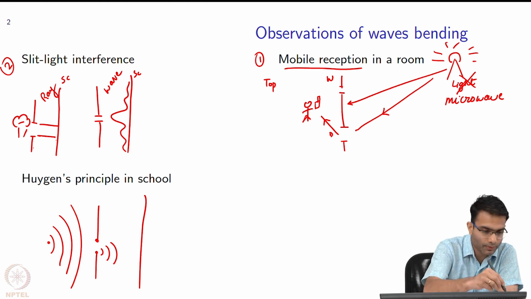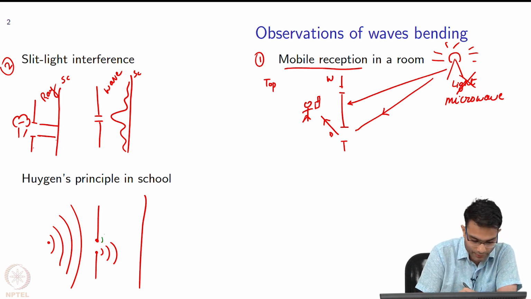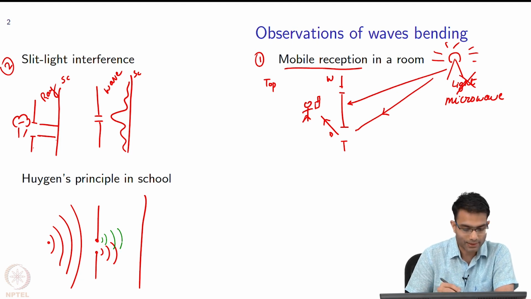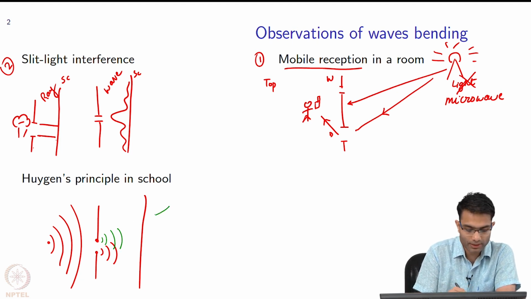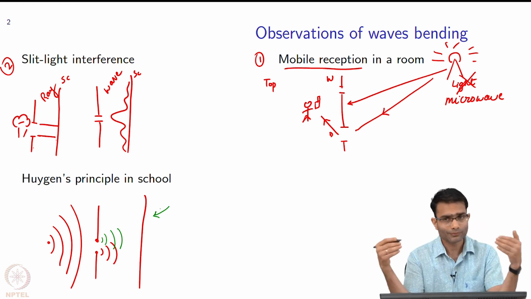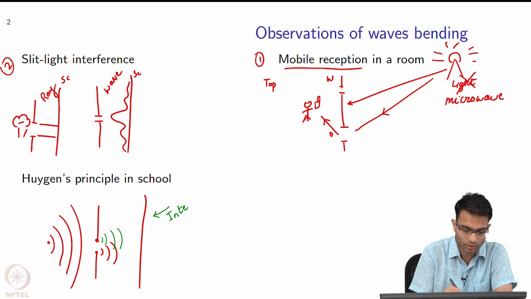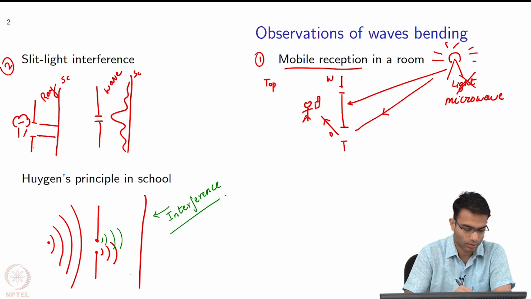So, this is waves from the first one and these are waves from the second one. And as a result of this, over here on this screen, these waves interfere, and you observe an interference pattern appears over here.